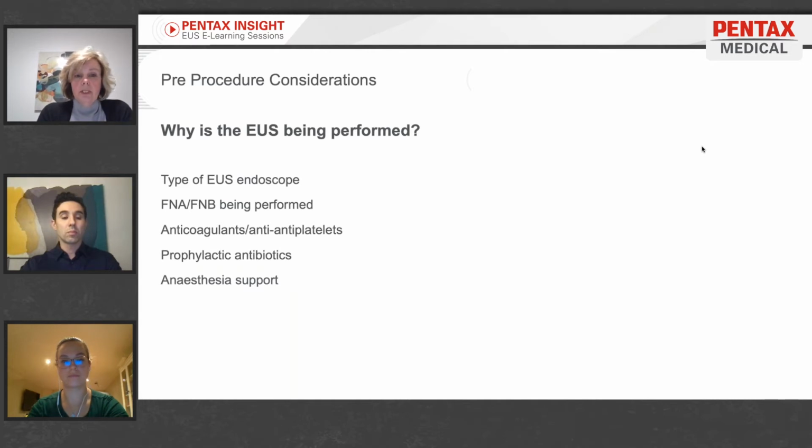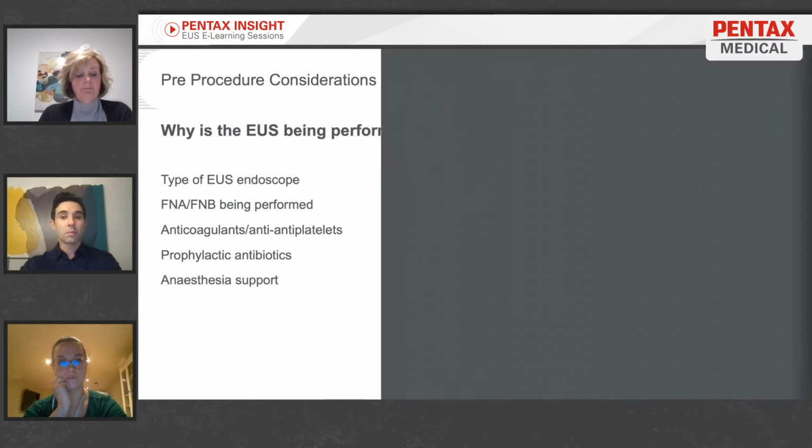And what you have for procedural sedation, such as fentanyl and midazolam, may not be adequate to sedate the patient. And also, because you're going to be performing an FNA, we want to ensure the patient's not moving during the procedure. Obtaining an adequate specimen is dependent on the endoscopist being able to locate and access the suspect area. So it's imperative that we have the patient sedated properly.